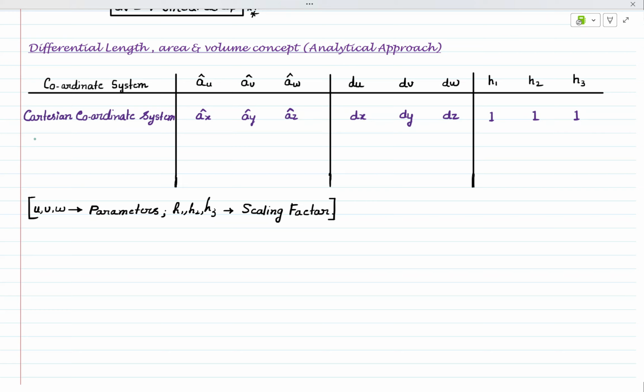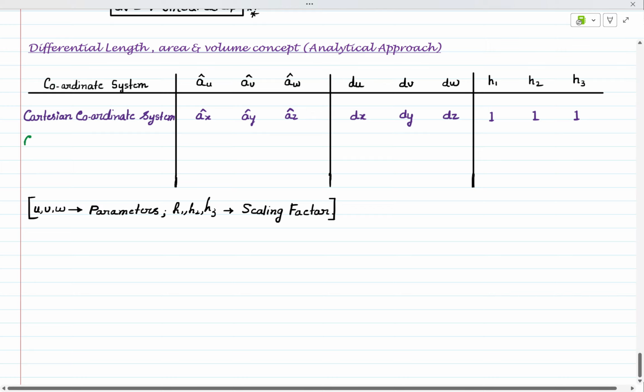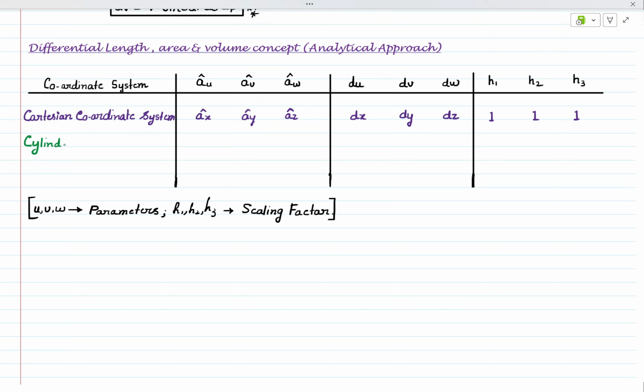Now, come to the next coordinate system, that is the cylindrical coordinate system. That is called the rho phi z coordinate system.